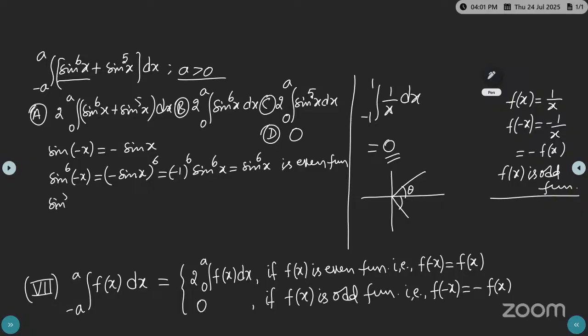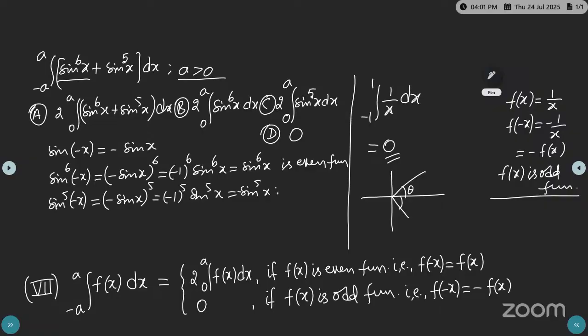Sin power 5 of minus x is minus sin x whole power 5, which is minus 1 power 5 sin power 5x, that is minus sin power 5x.